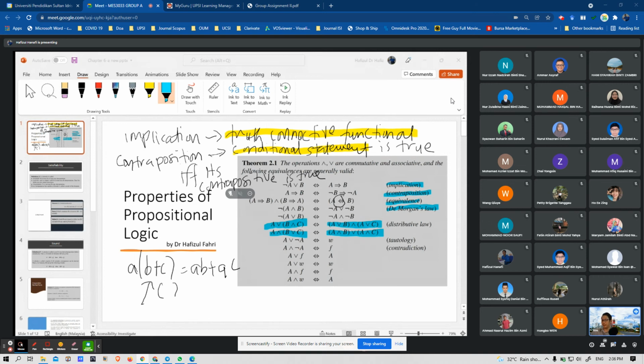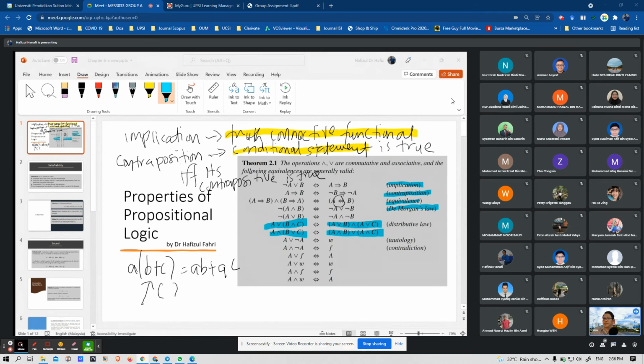And then we have a tautology. A tautology in logic is basically a formula or assertion that is true in every possible interpretation. You must have the truth value.